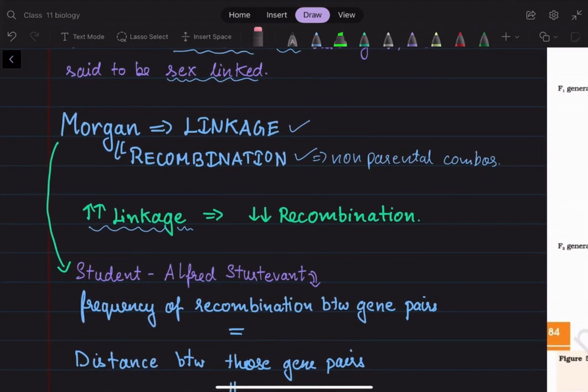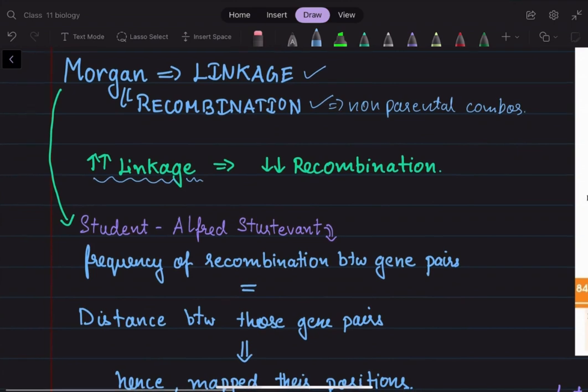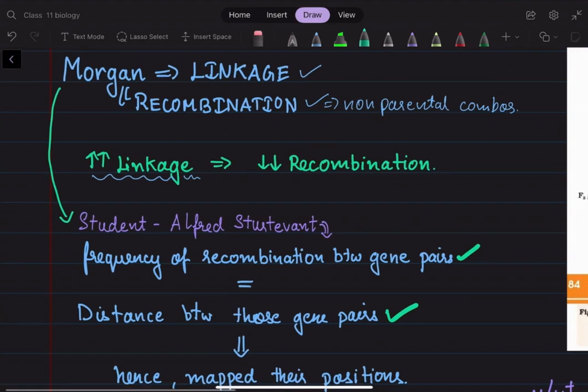Morgan's student, Alfred Sturtevant, used the frequency of recombination between the gene pairs of the same chromosome to denote the distance between the gene pairs of that particular chromosome.